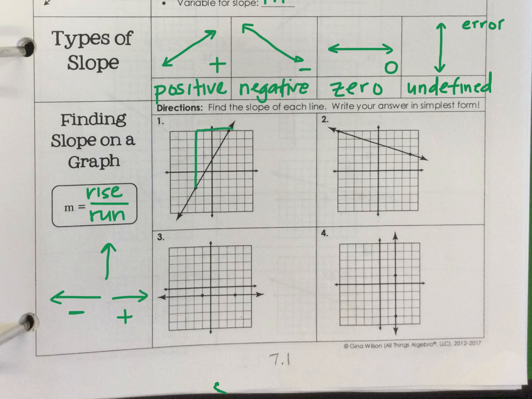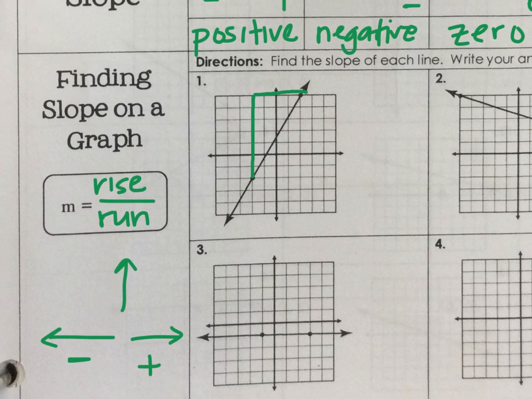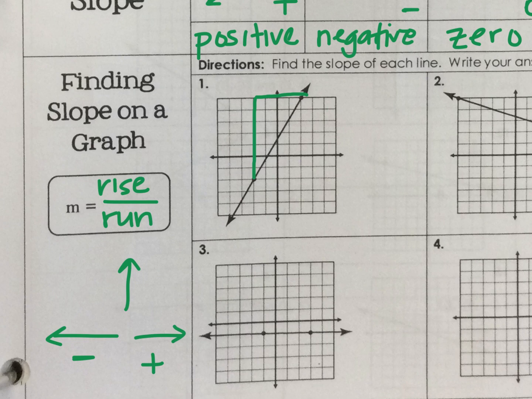So to get there, I'm going to count how many jumps I take. So let's see. 1, 2, 3, 4, 5, 6, 7. 7. I'm running to the right, so that means it's positive. 1, 2, 3, 4. 7 over 4.